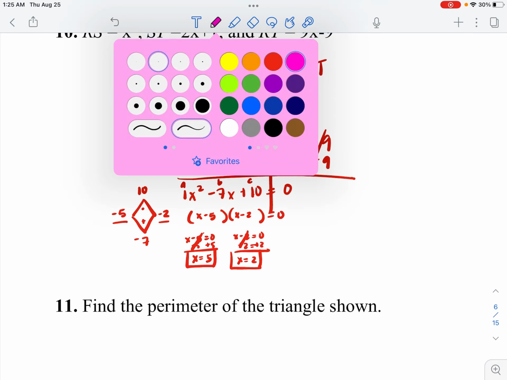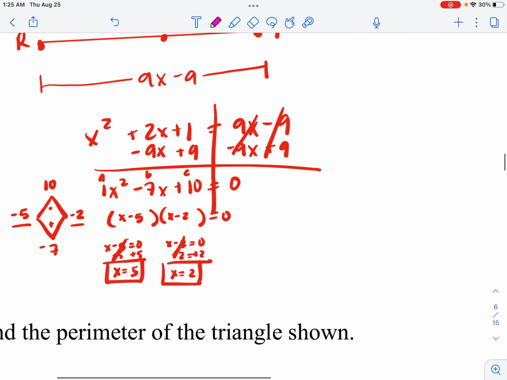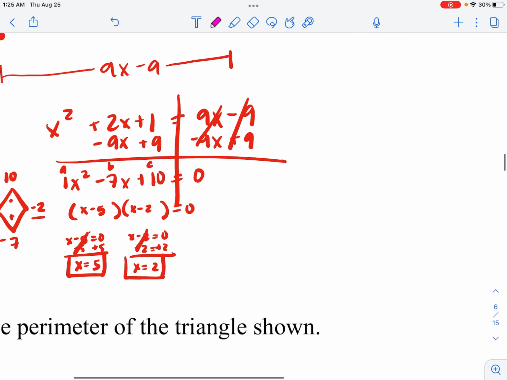I'm going to do this in pink because we're just checking our work, okay? Now, if you want to use the original equation, you absolutely could. You could plug it into this, and let's check. I'm going to do 5 squared plus 2x plus 1 is equal to 9 times 5.